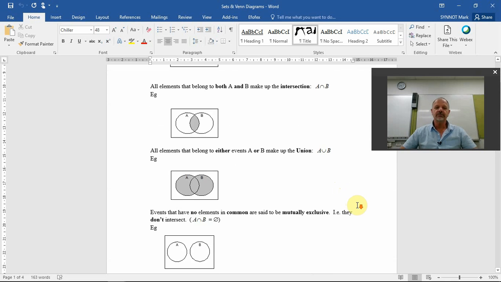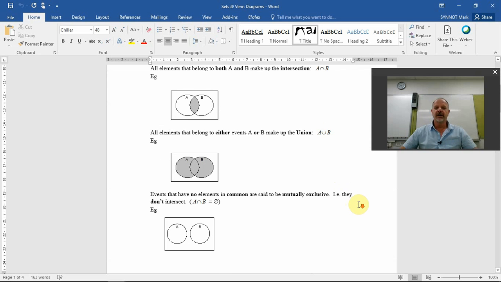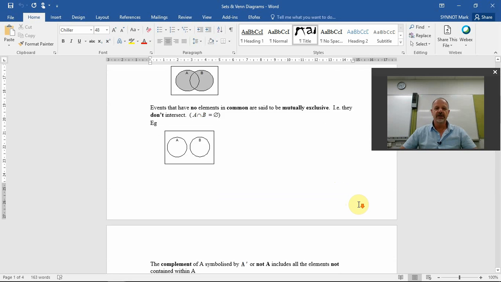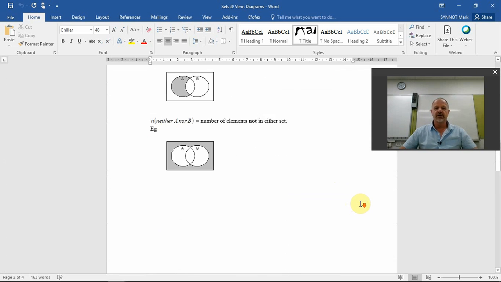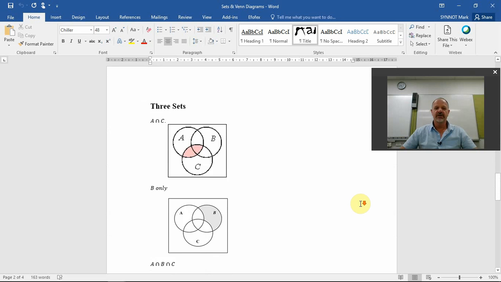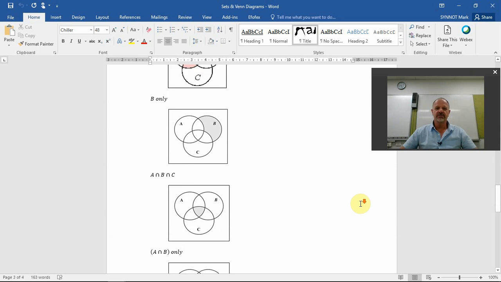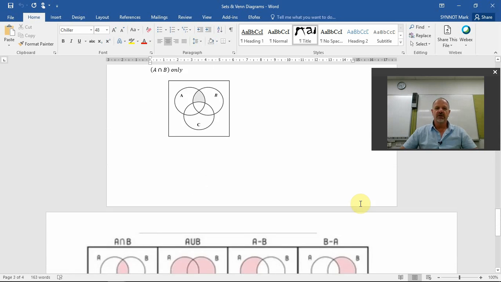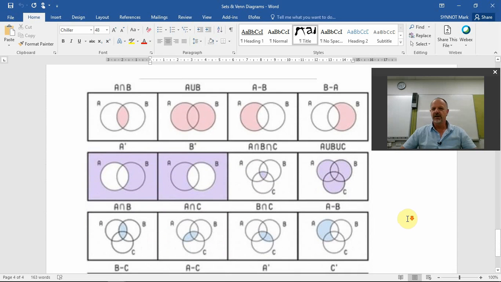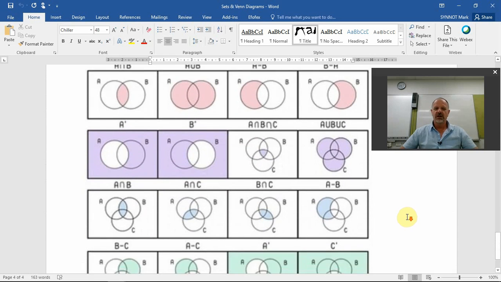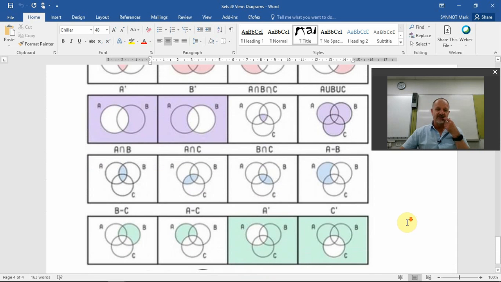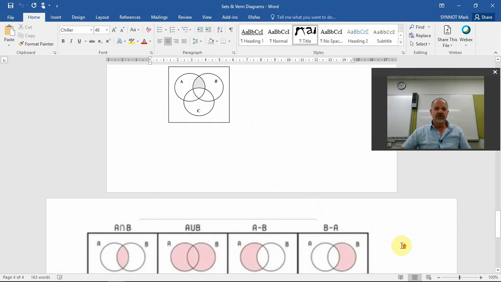So again, you can have a look at those things. All right, so there's all the definitions and some diagrams, 3 sets there. There's some diagrams of those as well. And then there's another one that I found somewhere for more 3 set kind of stuff. All right, so there's that.